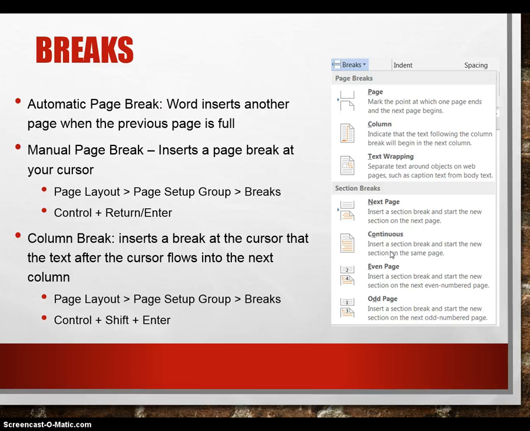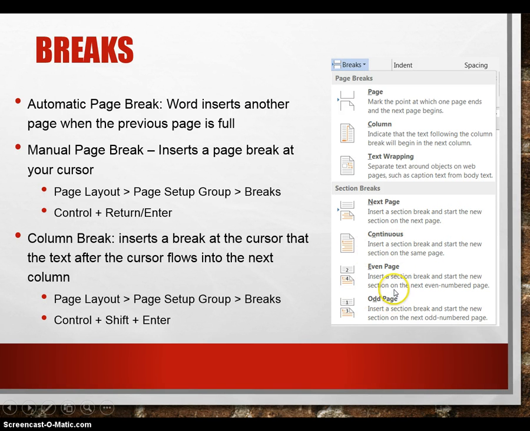Continuous puts in a section break. It just creates another section within your document. You will see very little change. The main way you can see your change is to go to your status bar, down to the status bar, when you click on your different sections to see what section you're in. If you turn on your hide, show, or formatting paragraph markers, it will also show you your different sections.